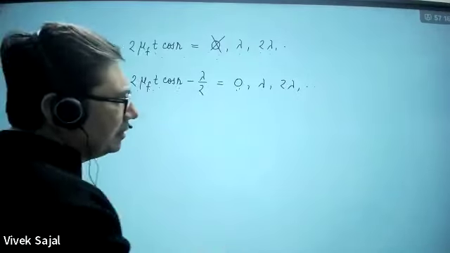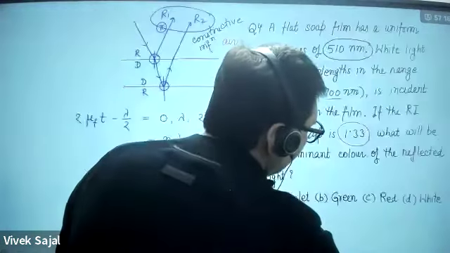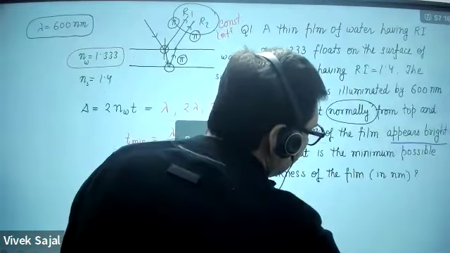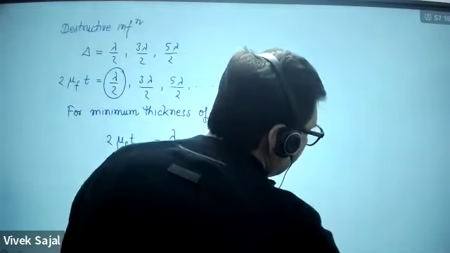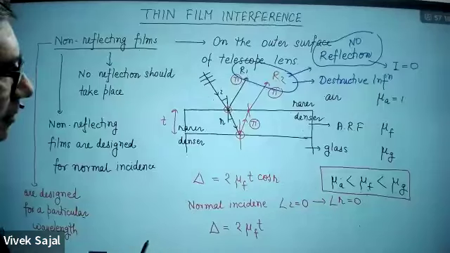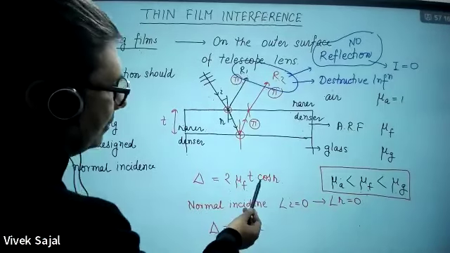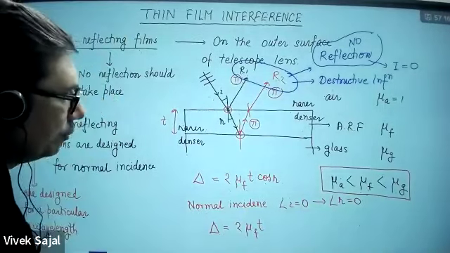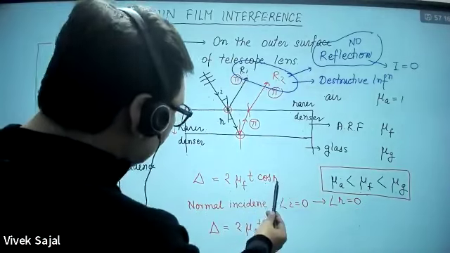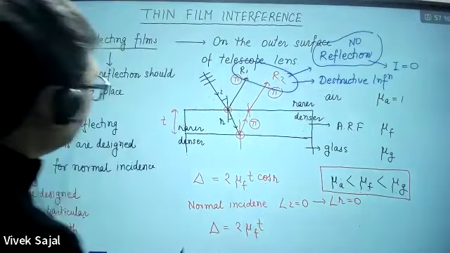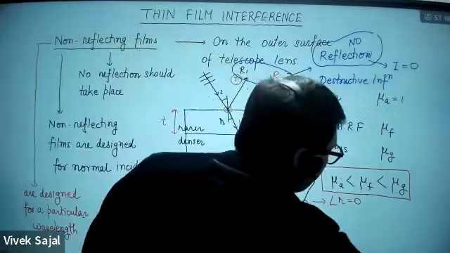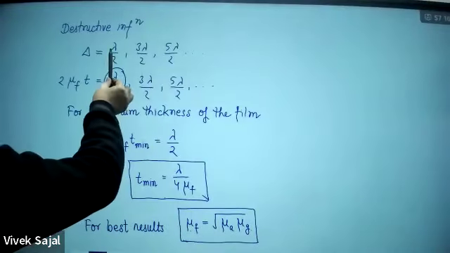No, in this case, first case, just one second. Okay, here, what was the path difference? This was the path difference. So here I was not choosing, for normal incidence, this is, and what I was choosing here, try to understand.